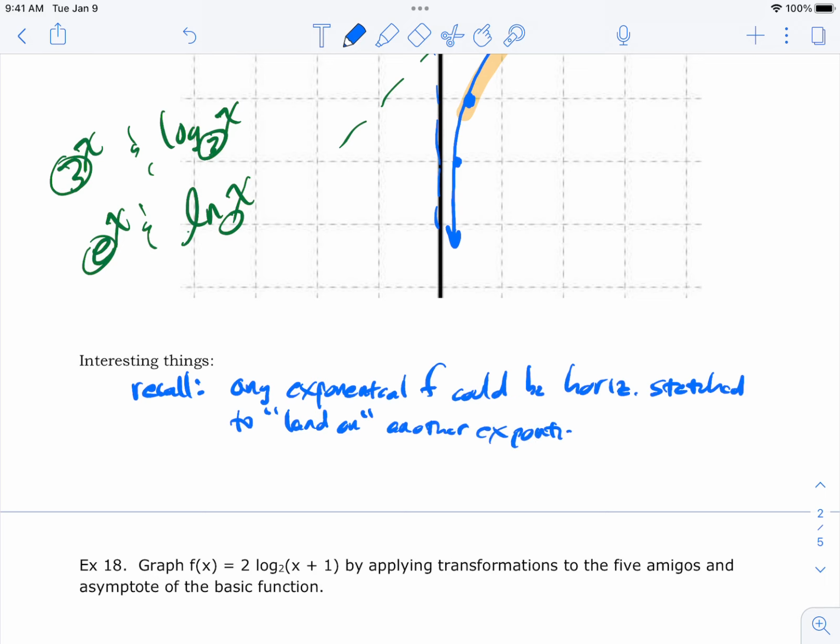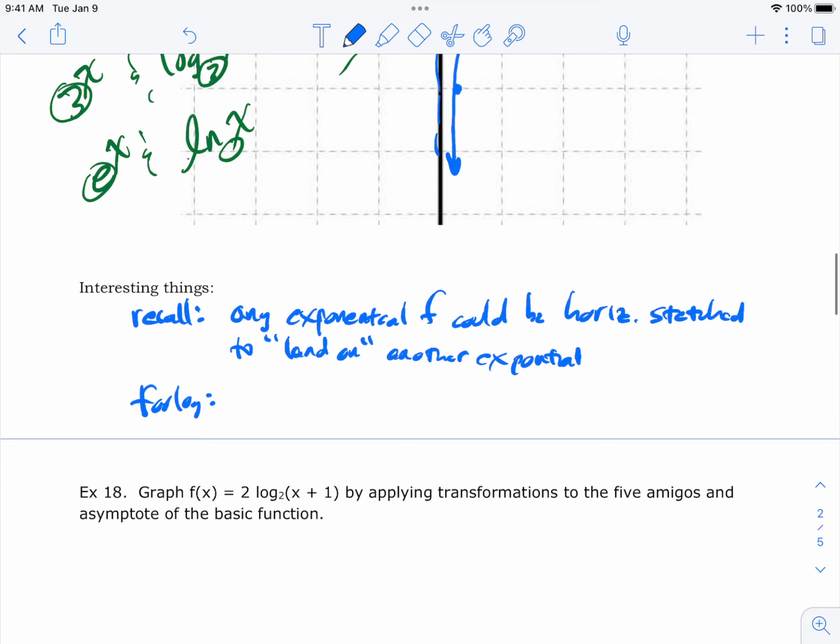Horizontal stretches. That was the cool thing on page 1 of the previous lecture. 2 to the x and 3 to the x: you could get from one to the other with a simple horizontal stretch. Well, for logarithms, they're related by vertical stretches.